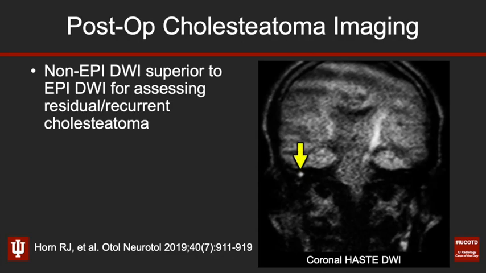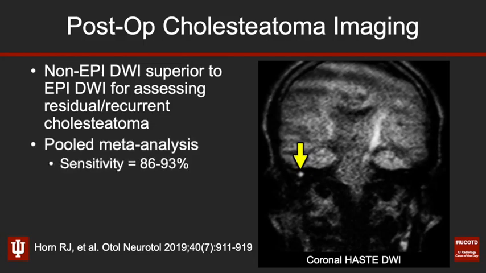One of the important roles of diffusion imaging is for the post-op assessment of cholesteatomas. And multiple studies have shown that non-EPI diffusion sequences are superior to EPI diffusion for assessing residual or recurrent cholesteatoma. And if you look at this pooled meta-analysis, you can see just how sensitive and specific these non-EPI diffusion sequences like HASTE diffusion are for detecting cholesteatomas.